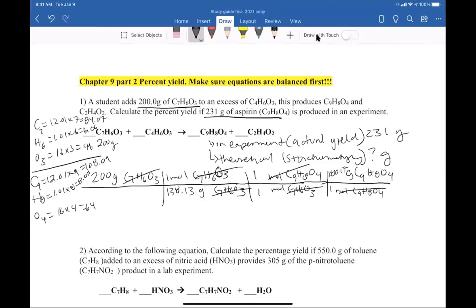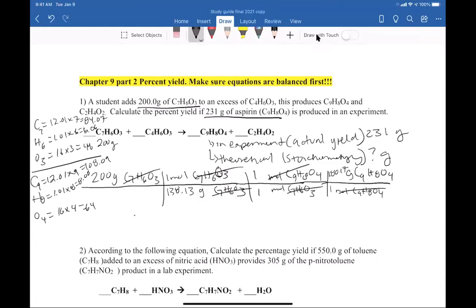And now we do the math. So we do 200 times 1 divided by 138.13 times 1 divided by 1. Oh, sorry. Hold on, give me a second. I mispressed, okay? And then times 180.17 divided by 1.